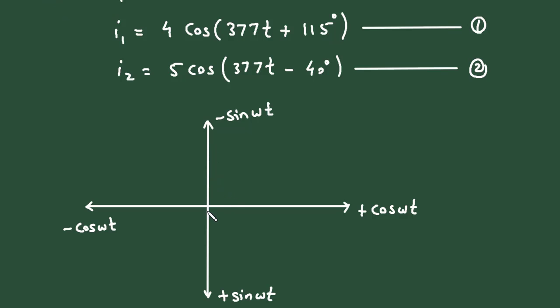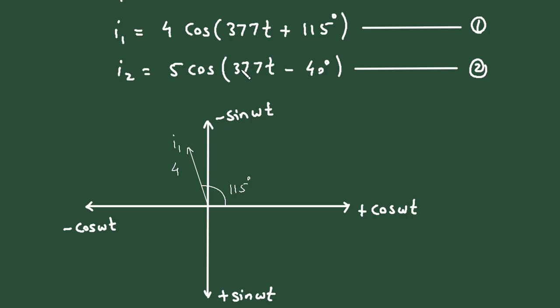So this is 90 degree and 115 will be somewhere here, and the amplitude is 4. So this is I1 and the angle is 115 degree.